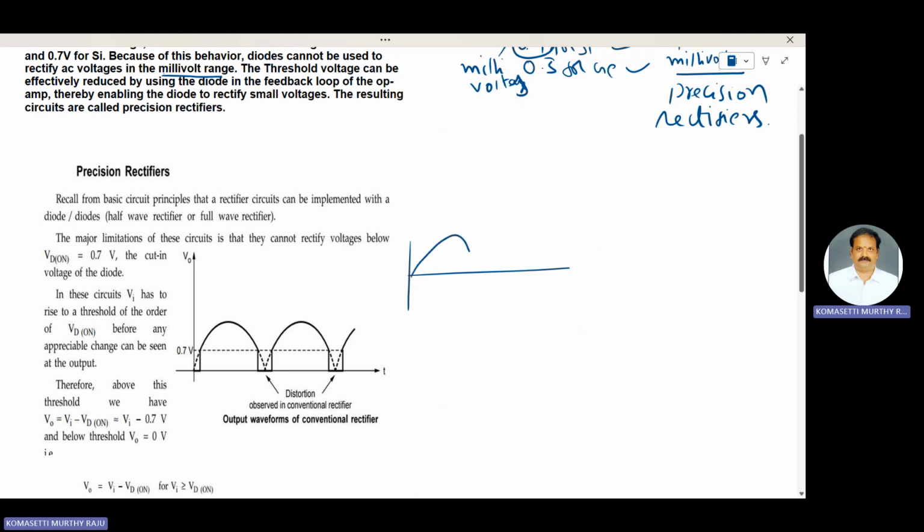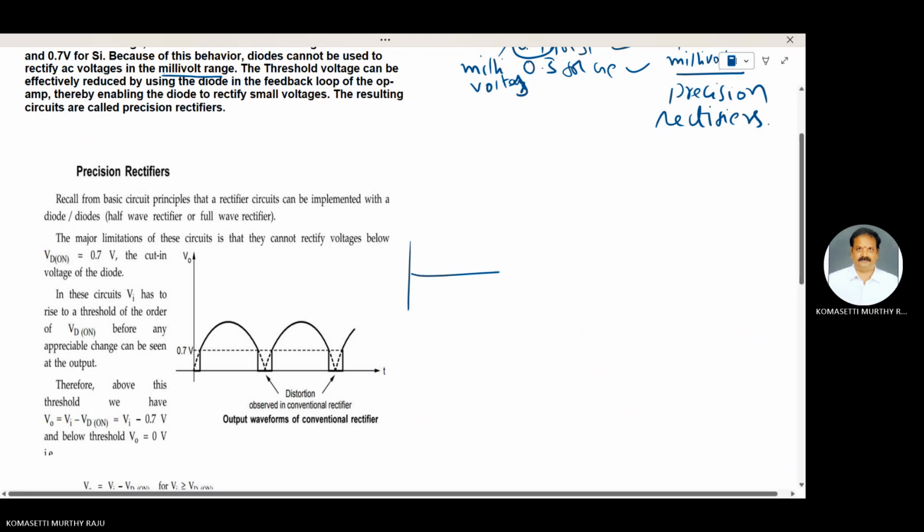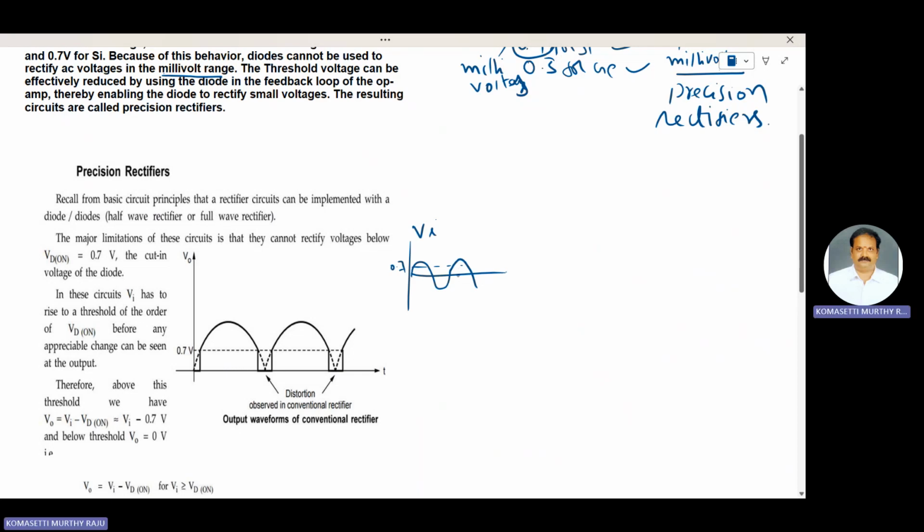This is the Vi. The diode does not conduct up to 0.7 volts.